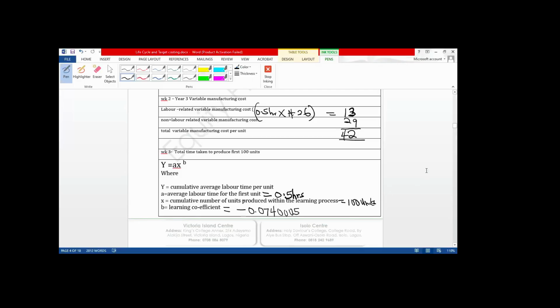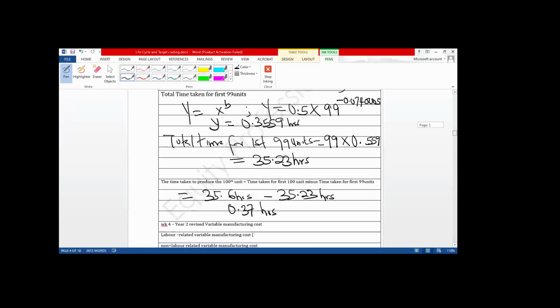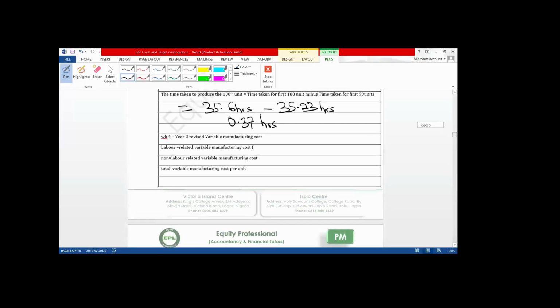We now come here. Look at the next working: revised variable manufacturing cost. We need to do a revised manufacturing cost because the learning curve has reduced the hours spent for production.